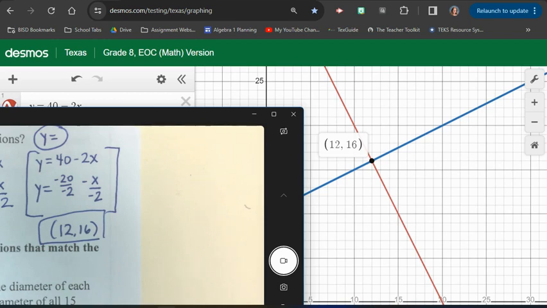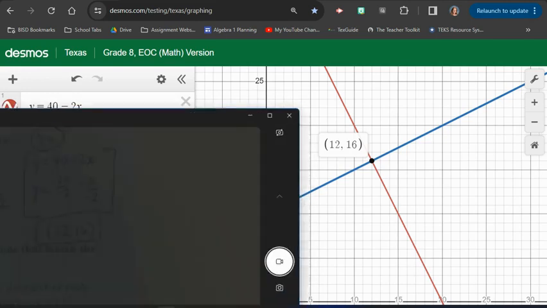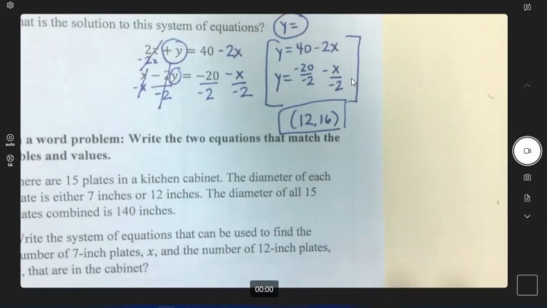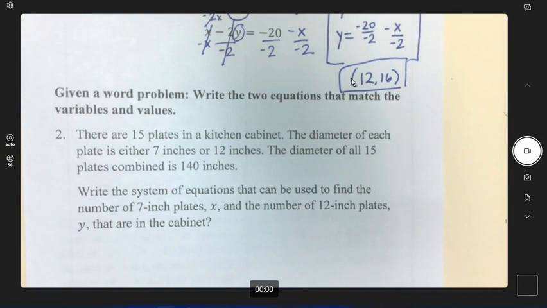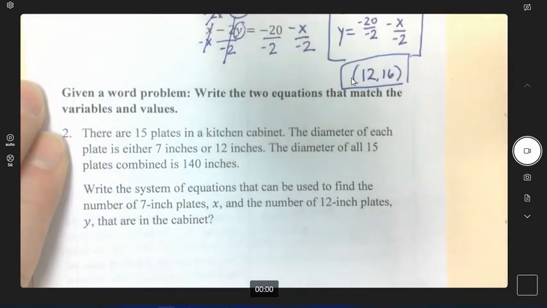All right. So let's go to number 2. Go ahead and make this big. Given a word problem, write the 2 equations that match the variables and values. Number 2, there are 15 plates in a kitchen cabinet.